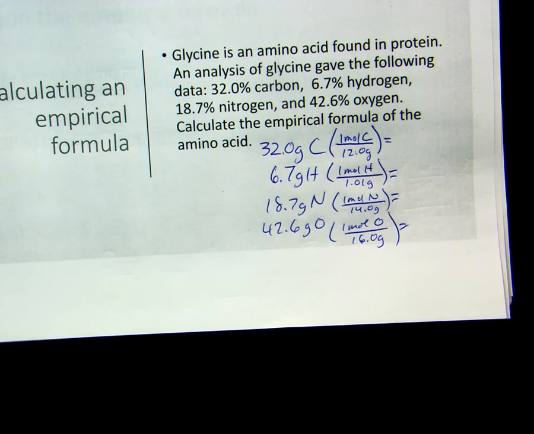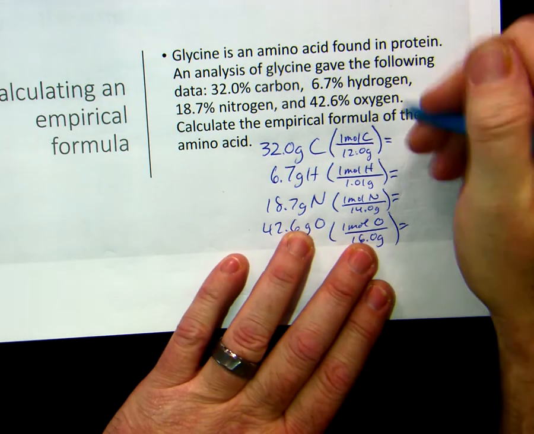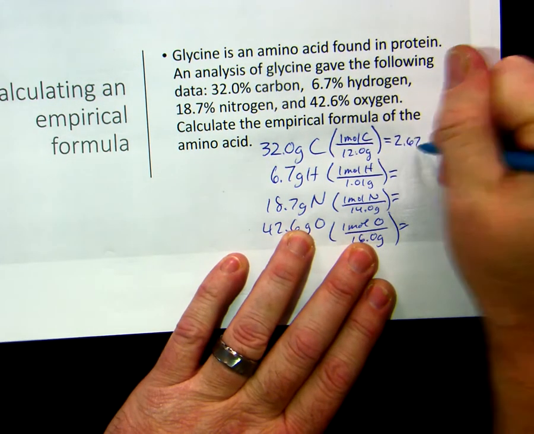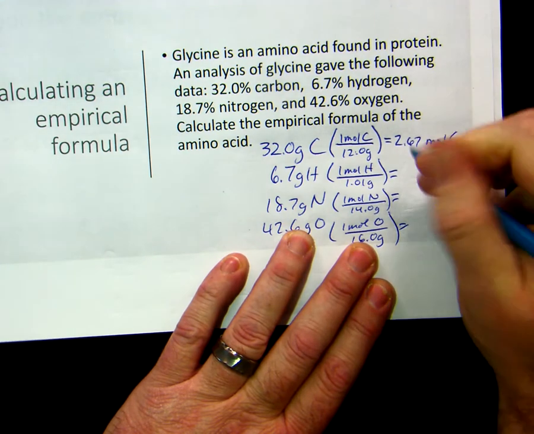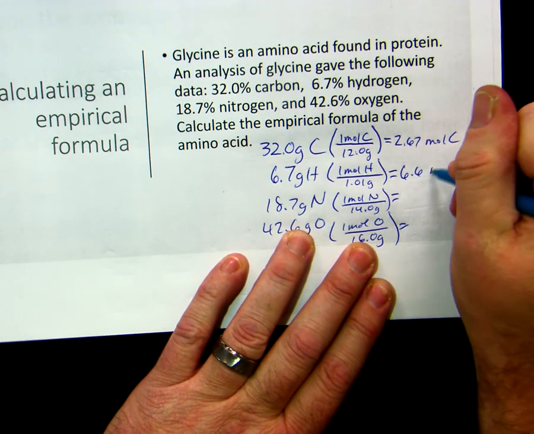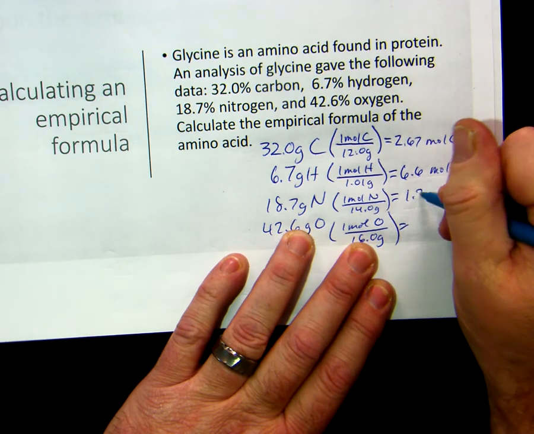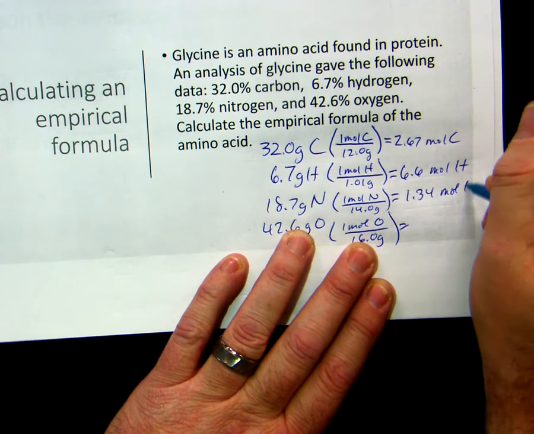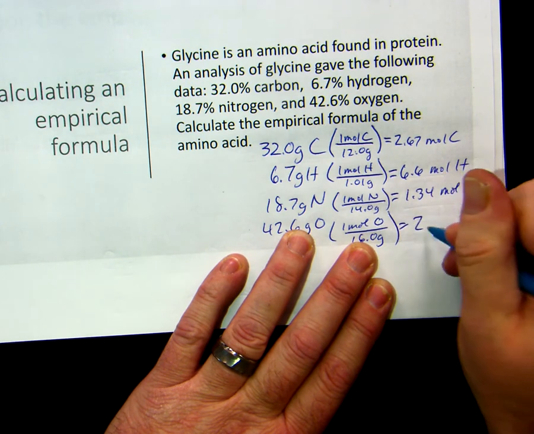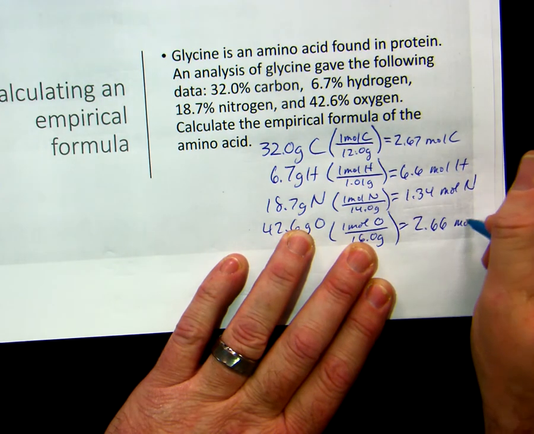So, get these ahead of time. We get 2.67 moles of carbon, 6.6 moles of hydrogen, 1.34 moles of nitrogen, and 2.66 moles of oxygen.